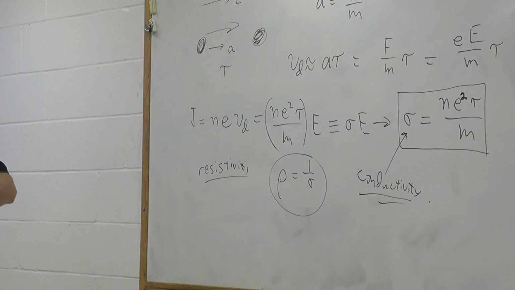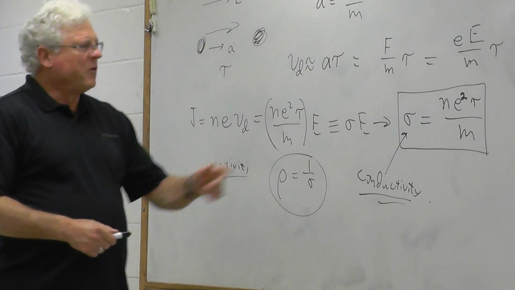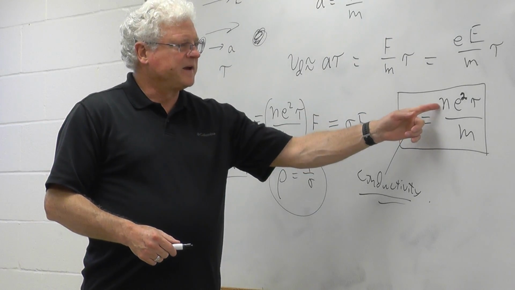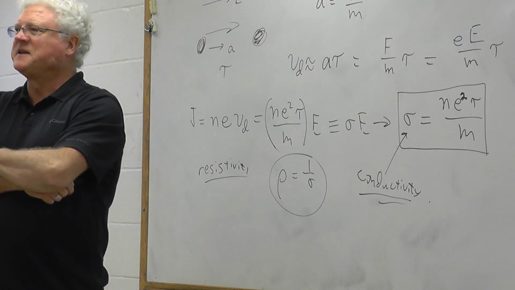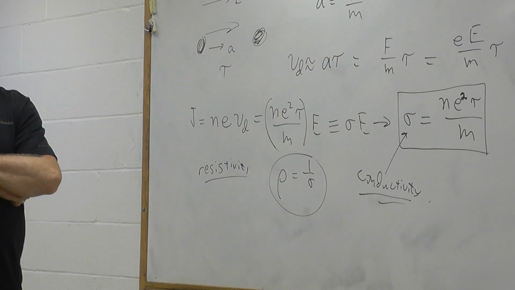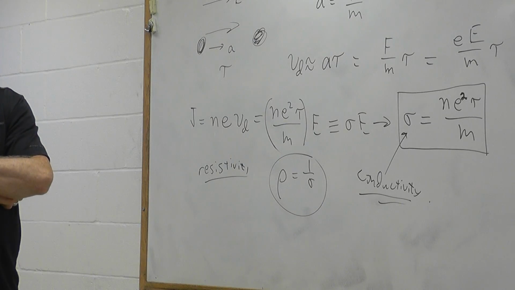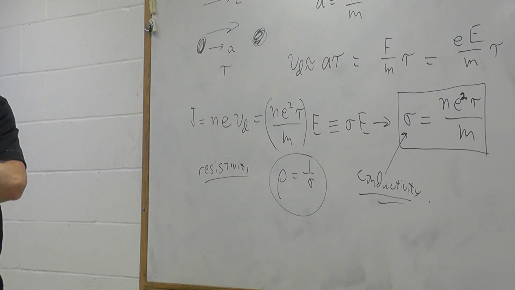And so the idea then is, what is the relevant value that goes into N? That is going to be the number of, I'll call it, conducting electrons. These are the ones that are in that uppermost partially filled band, the number of carriers that are actually available to contribute to the current.